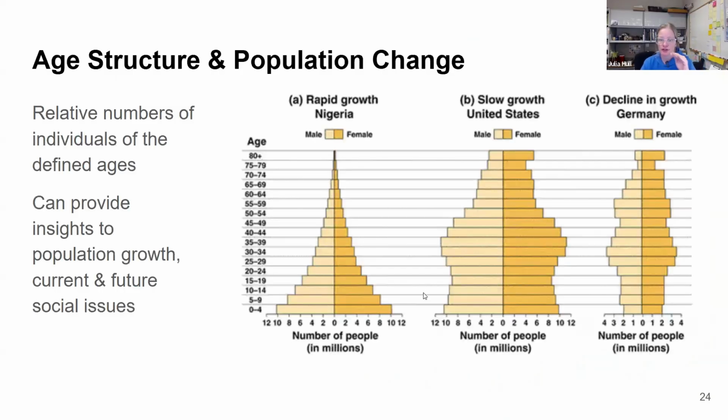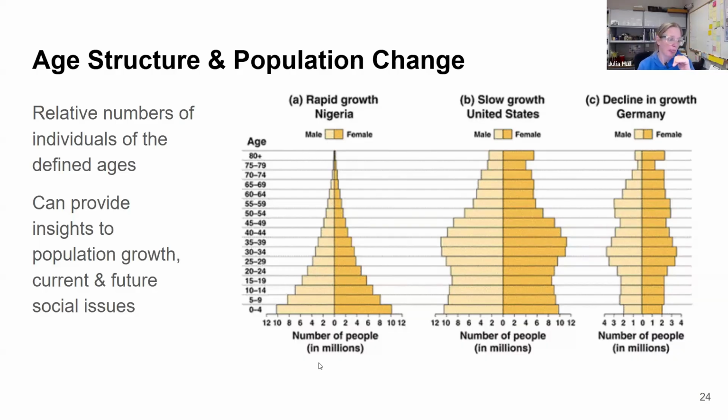So we can look at age structure charts like this that can give us some insight into how populations are changing over time. We're looking at the populations of Nigeria, the United States, and Germany in 2020.